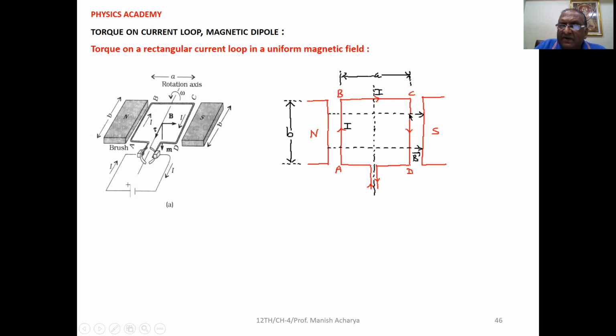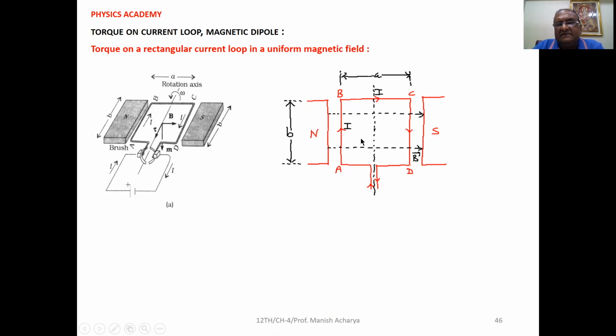And in this particular magnetic field, the rectangular current carrying loop, or we can say coil, is placed with the dimensions of length and breadth A and B. And suppose current I is passed through it.